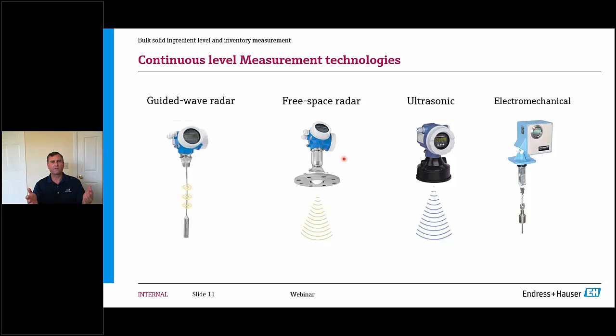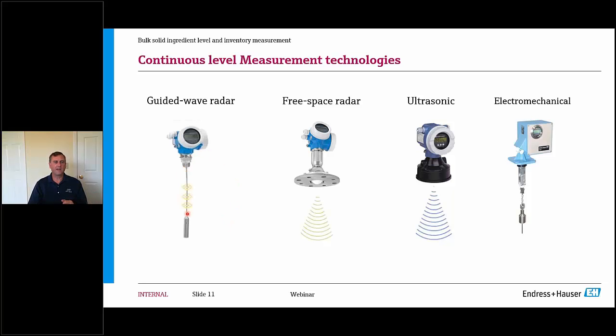Great, certainly for the reason that you have no contact. There's nothing physically in the tank, nothing contacting the surface of the product itself. So generally, if we can, we try to do free space radar as the first choice. If for some reason that is not possible, then we have the guided wave radar.